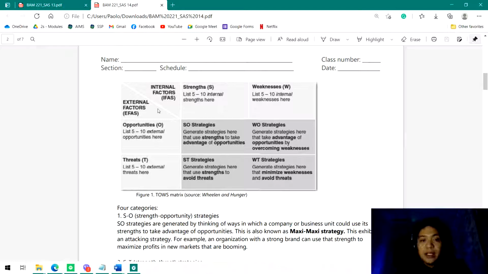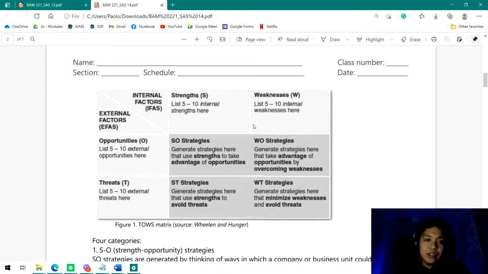So dito sa top, the first 3 dito sa first row na meron tayo, we will input here our strengths and weaknesses doon sa second and third cells ng first row. And then sa opportunities and threats naman, we will identify them sa second and third cells dun sa first column natin. So ganyan ang paggawa ng isang maayos na TOWS matrix.